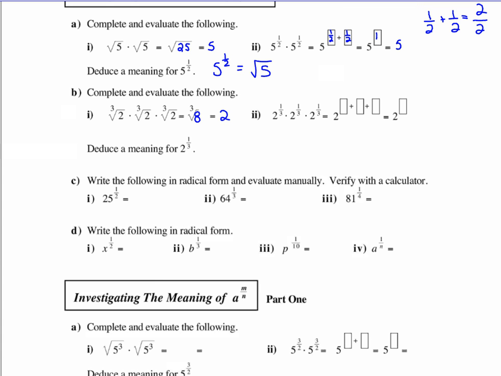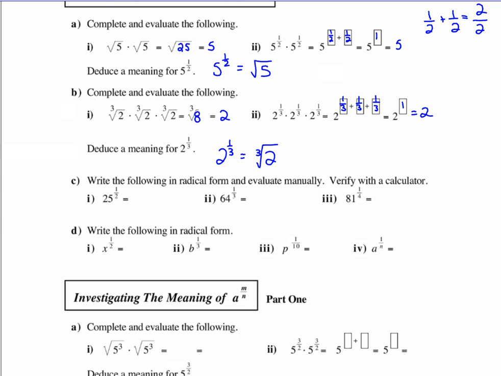Now, if I have 2 to the 1/3 times 2 to the 1/3 times 2 to the 1/3, with the same bases being multiplied, we're going to add the exponents. 1/3 plus 1/3 plus 1/3 is 3 over 3, which equals 1. 2 to the power of 1. Okay, so that means that 2 to the power of 1/3 is the same thing as cubic root of 2.